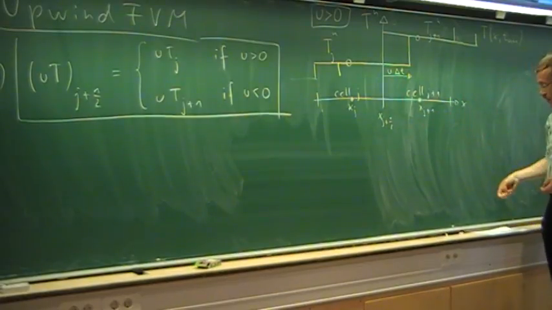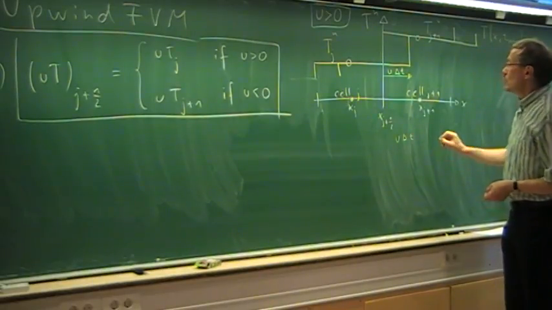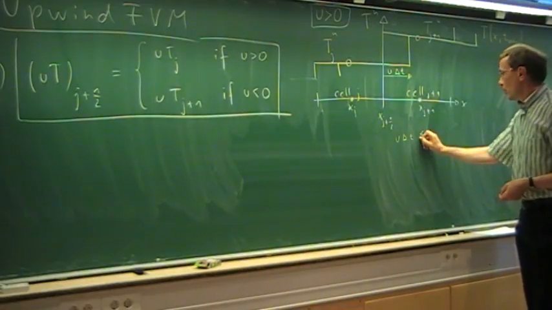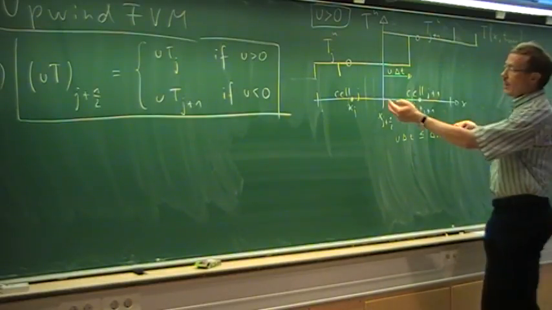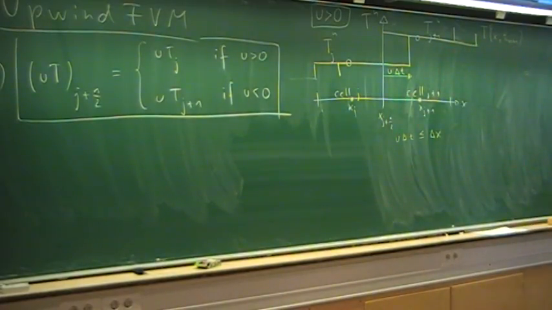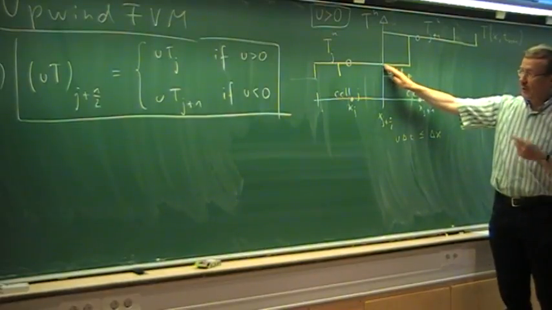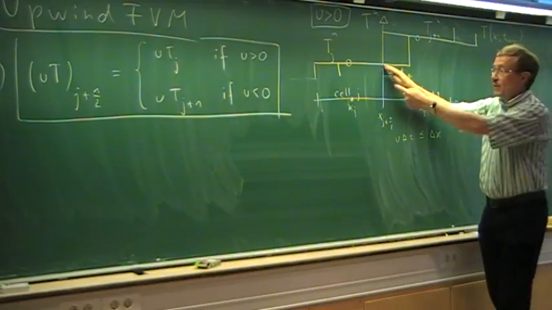So we want to restrict that by saying that u delta t has to be smaller or equal to delta x. If it's equal, then we just happen to be at this point again, but we can allow for that. But we have to restrict the time step. We shall see that later on. But the point is that by this argument, we see that the value determined for the flux is determined by the value of t in the upstream cell, which is tj.